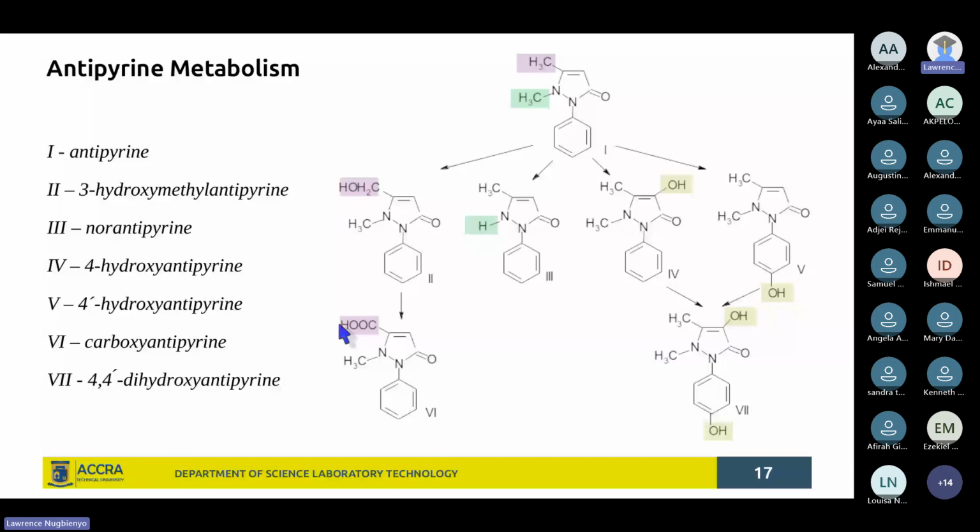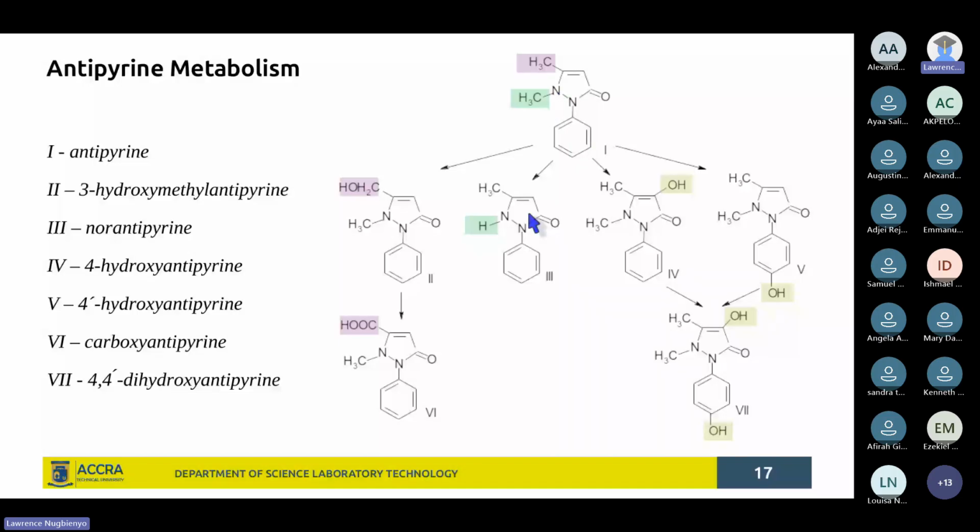So even as we looked at those phase 1 reactions, phase 2 reactions, it didn't mean that a substance will undergo only one of those reactions, a single reaction, and produce one metabolite, and that is all. No, as you can see from here, the substances undergo different reactions and produce different metabolites.